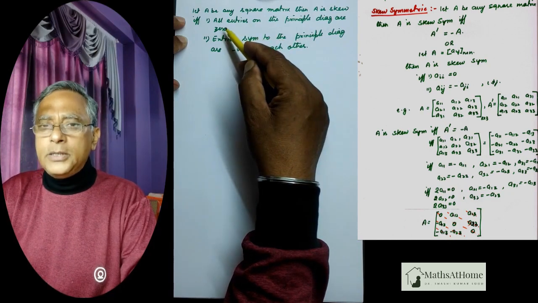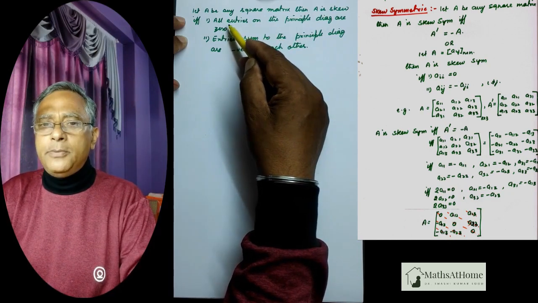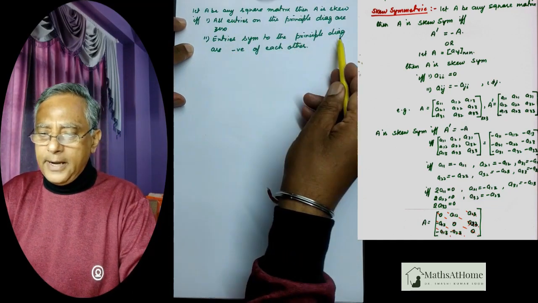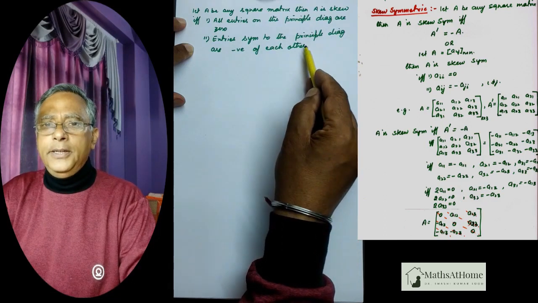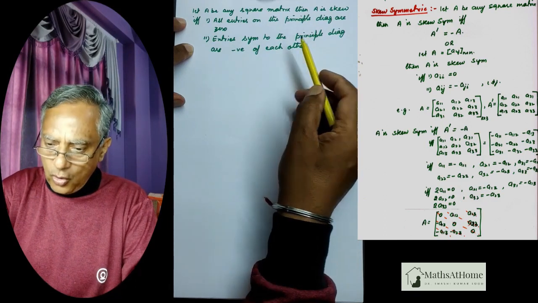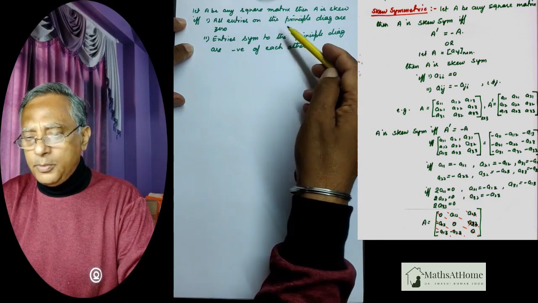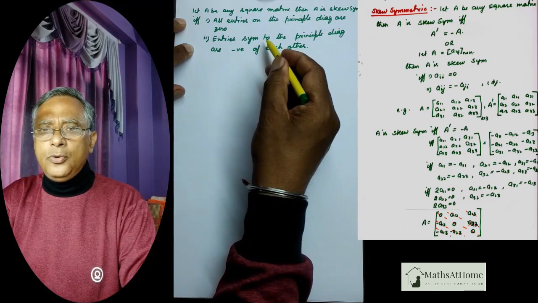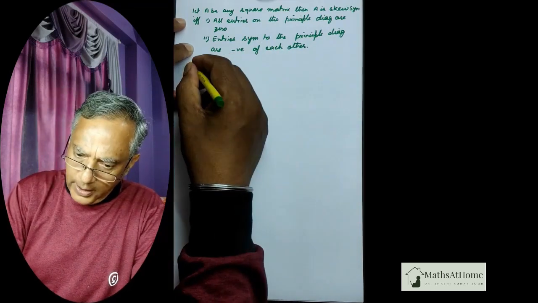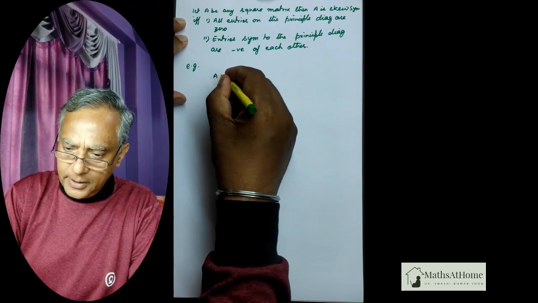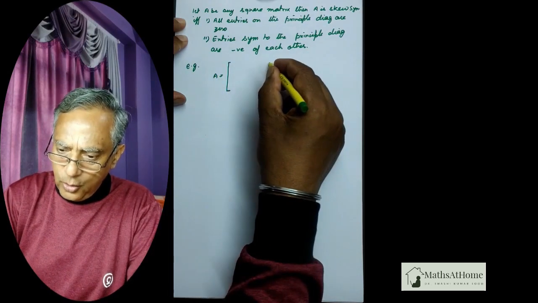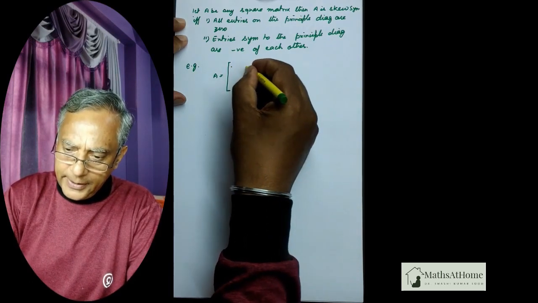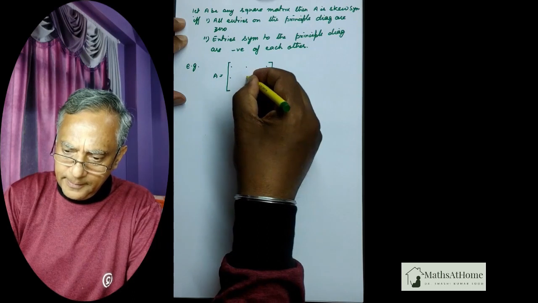So all entries for which i is equal to j must be 0, and entries symmetrical to the diagonal entries are negative of each other. So skew symmetric matrix can also be defined as this. I have already illustrated this to you. One more example. A is equal to, what we do is first we mark the places of the entries. These are the places.